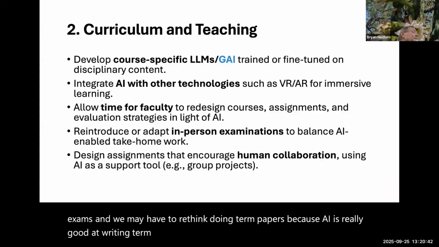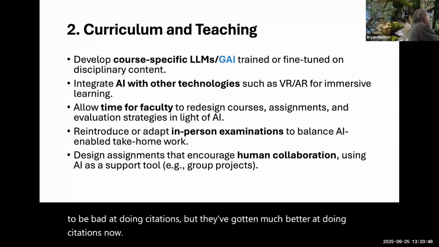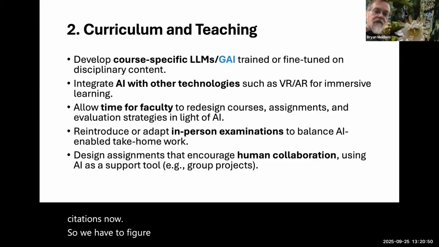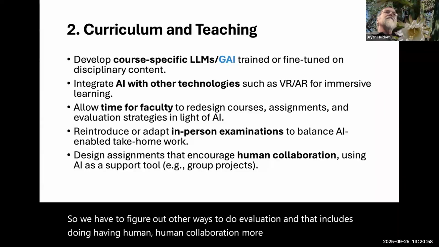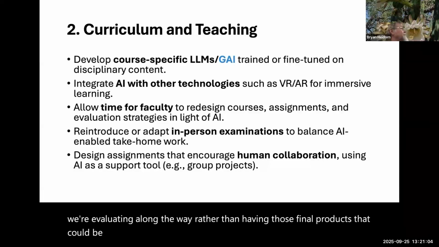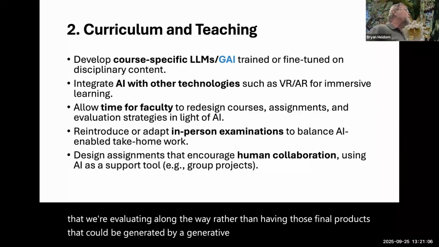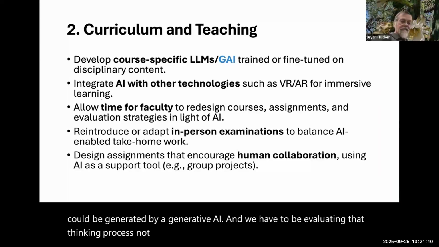It hallucinates sometimes, and it used to be bad at doing citations, but they've gotten much better at doing citations now. So we have to figure out other ways to do evaluation, and that includes having human-human collaboration, more integrative processes that we're evaluating along the way, rather than having those final products that could be generated by a generative AI. And we have to be evaluating that thinking process, not those final products.